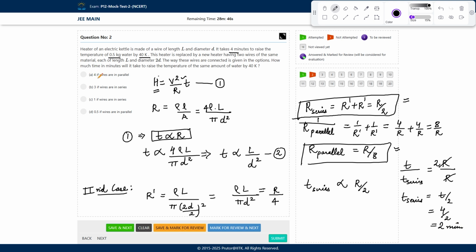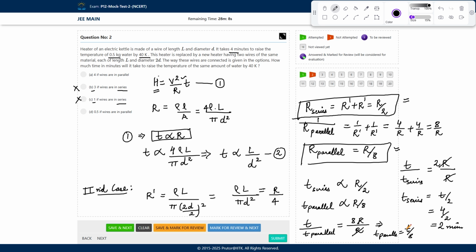Is there any option with 2 minutes? No. For the series combination, it is given 1 minute and 3 minutes, so both these options are wrong. Now T parallel will be proportional to R by 8. So T by T parallel will be 8R by R. R will get cancelled out and T parallel will be T by 8.